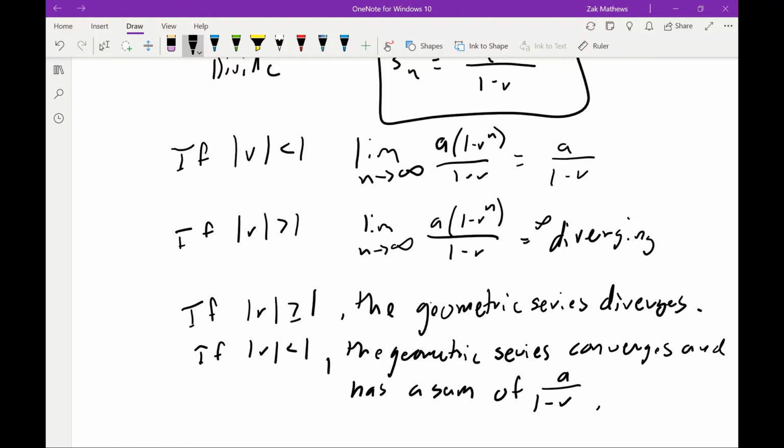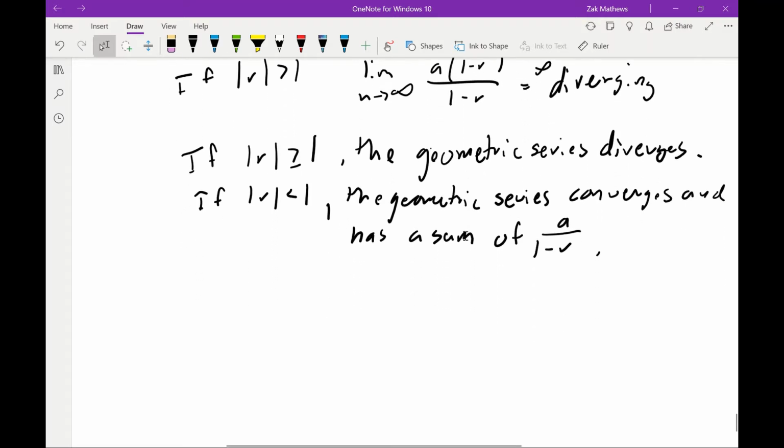Geometric series are really nice because anytime we see that we have that coefficient times a number being raised to a power, we have a formula for its sum. We can figure that out very, very quickly.